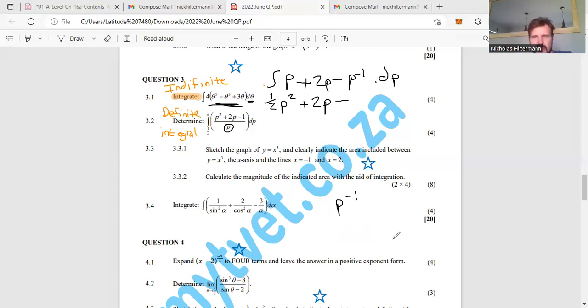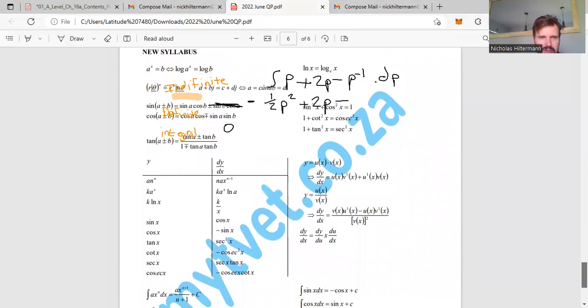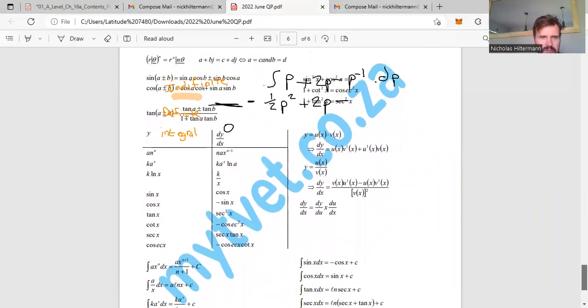So I have to go to my formula sheet and find out what the integral of p to the minus 1 is. Well, that should be ln p. So k over x, x is at the bottom, so it ends up being ln. So what did we have?